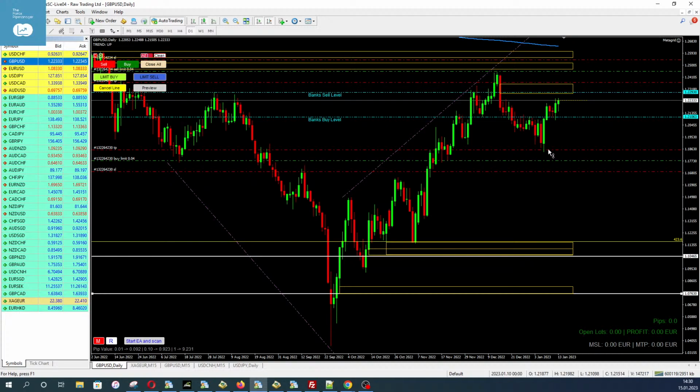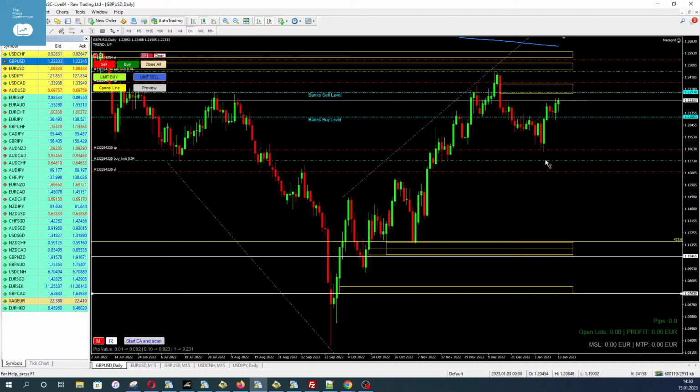Buy entry is around here. The reason for this is in case of stop hunters, if you see a retracement and the stop hunters want to take out the buyers of this pair, then maybe they go around here for stop hunting, and then I could come maybe here into a buy trade.